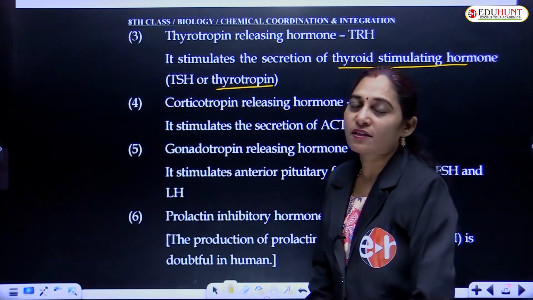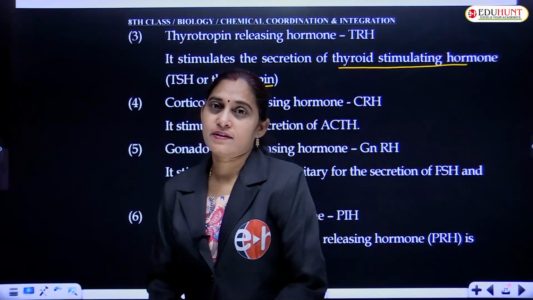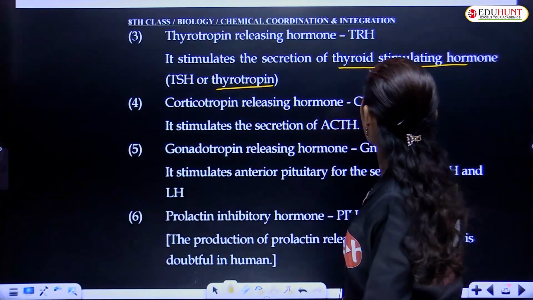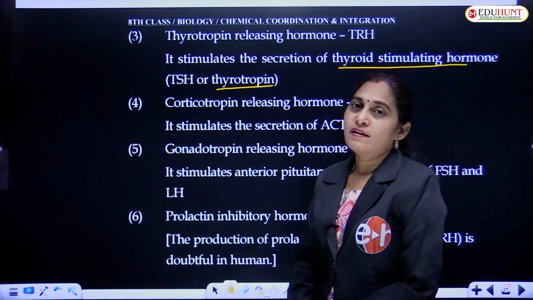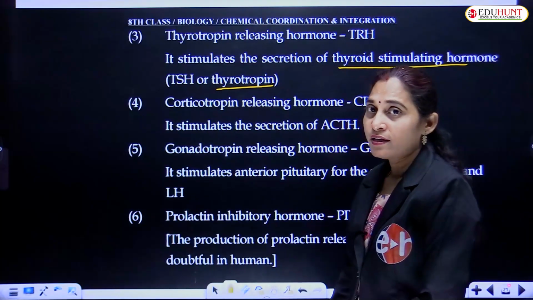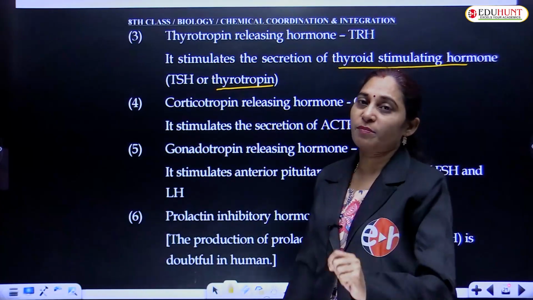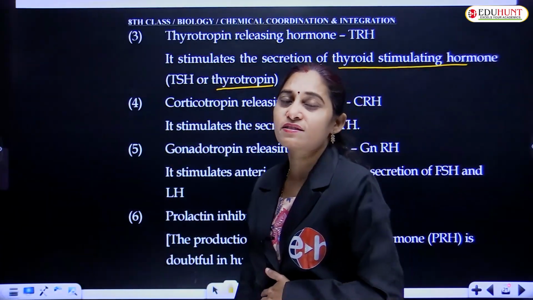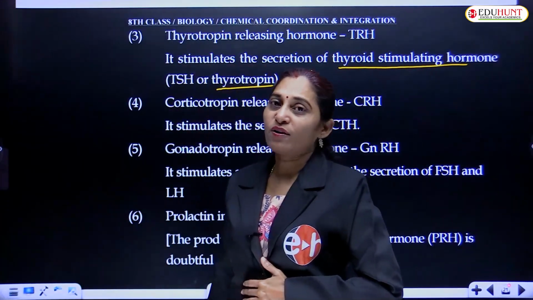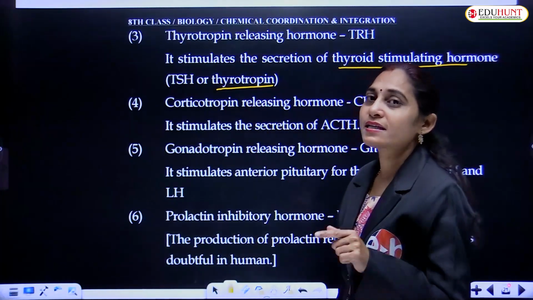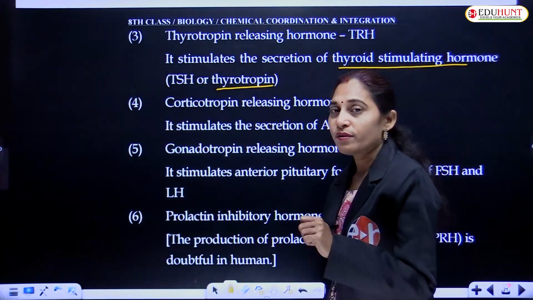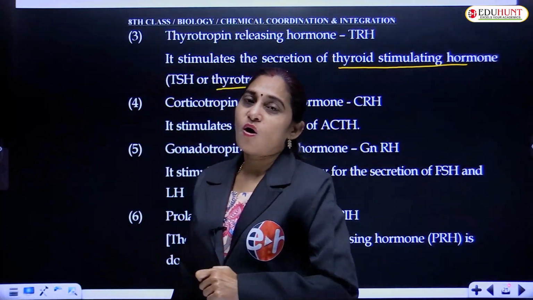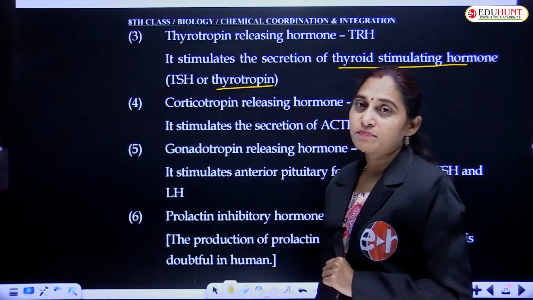The synthesis of thyroid stimulating hormone is stimulated by the thyrotropin releasing hormone. Not only the synthesis, the release is also under the control of thyrotropin releasing hormone.